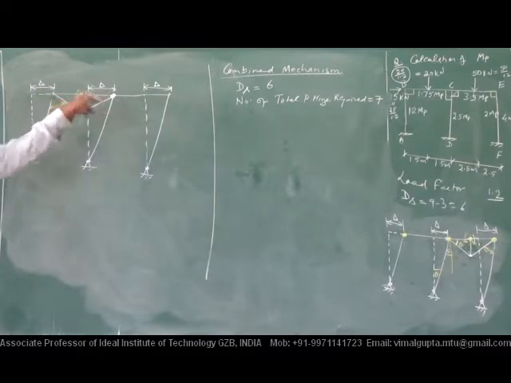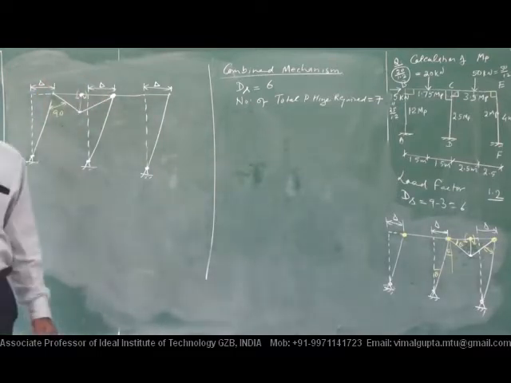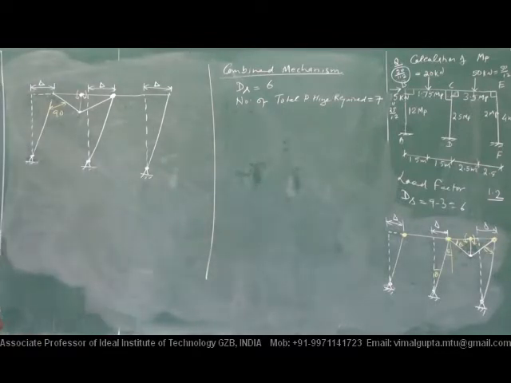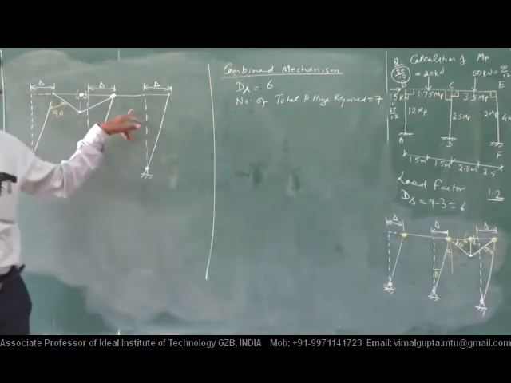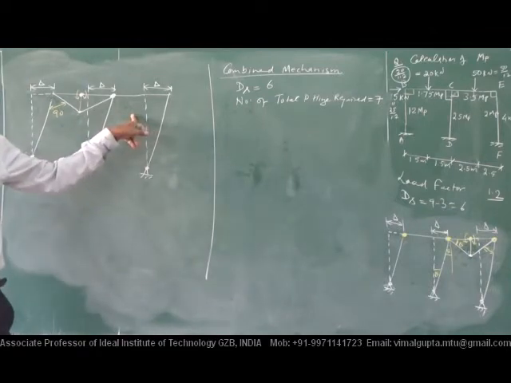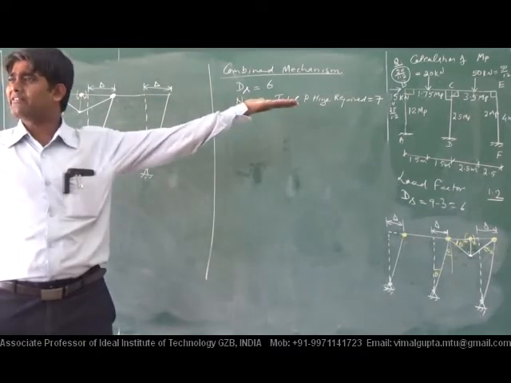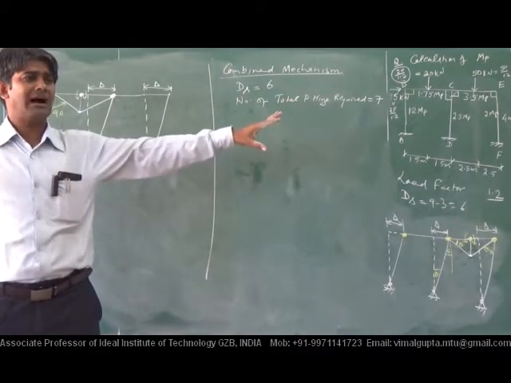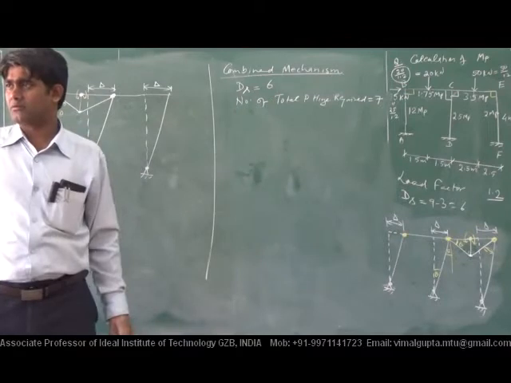So these are the two locations only. Now we have to further locate two more plastic hinges. What will be our next step? Consider the plastic hinge under another load.